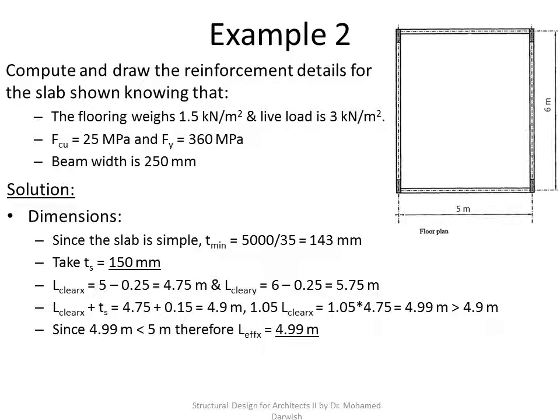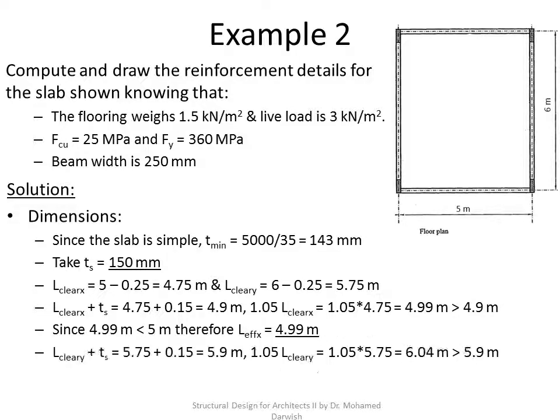Since it's 4.99, just less than 5, it's okay. And as I mentioned before, for simplicity, if you are in a hurry or in an exam, you don't need to do this calculation for the clear length. You just take the 5 meters. So the effective length is simply equal to the length.